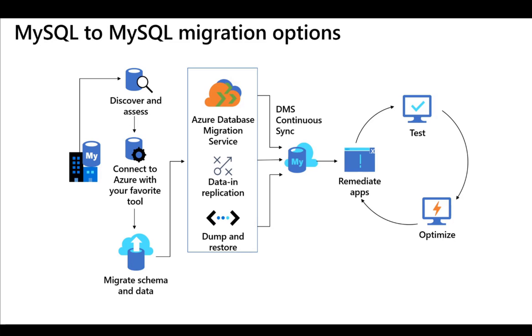And if that's the case, then they have to switch those objects to a non-super user privilege account. Second is the collation. We need to make sure that collation aligns between the on-premise and the Azure target instance as well. So there are certain things which we need to keep in mind from the assessment point of view.